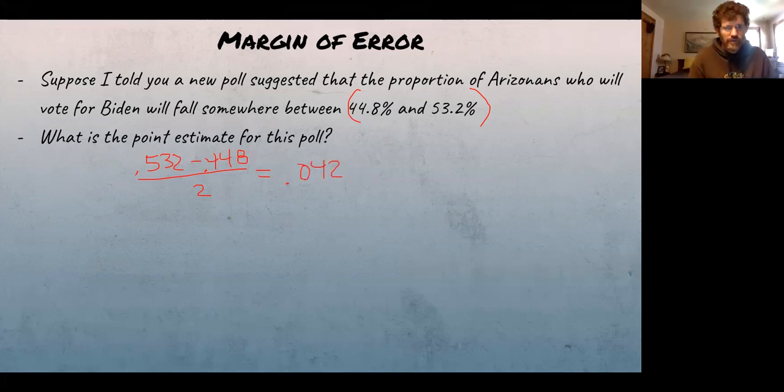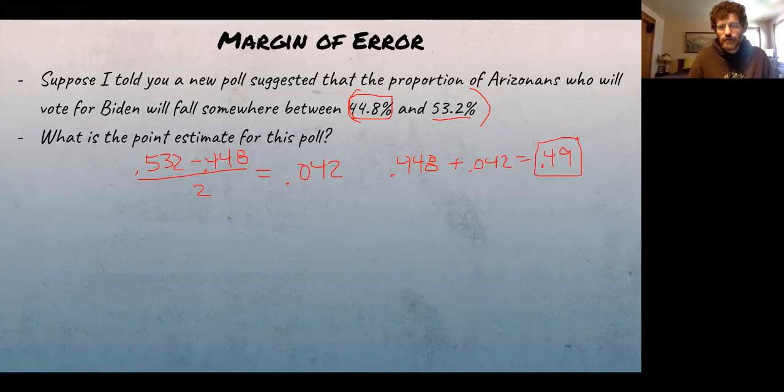Okay, so this is what we can now add to this number right here, or subtract away from this one. But yeah, 0.448 plus 0.042 equals 0.49. All right, my point estimate is right here.